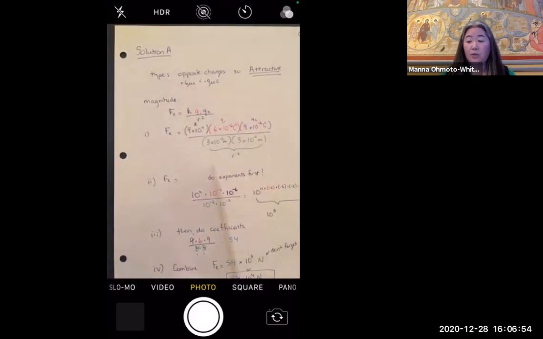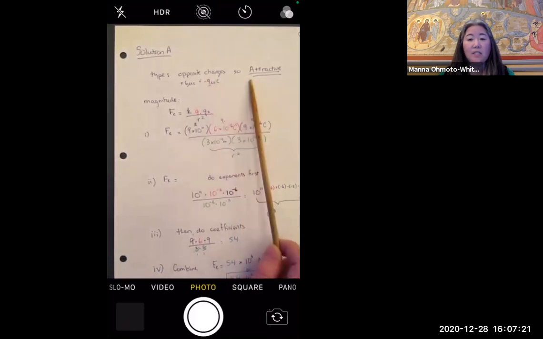Now for the magnitude. This is my equation, and I'm solving for F_E, so I can just plug in the values. k is equal to 9 times 10 to the 11th. The first charge is 6 times 10 to the negative 6th, because it's microcoulombs; I have to convert to coulombs. The second charge is 9 times 10 to the negative 6. Because this has a negative, that doesn't matter in my calculation of the magnitude.